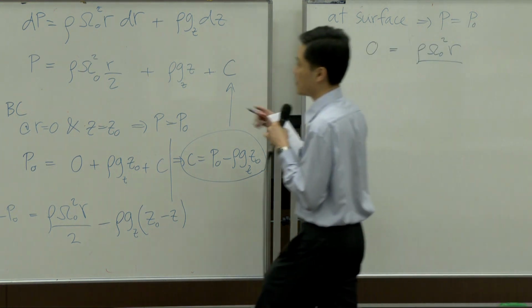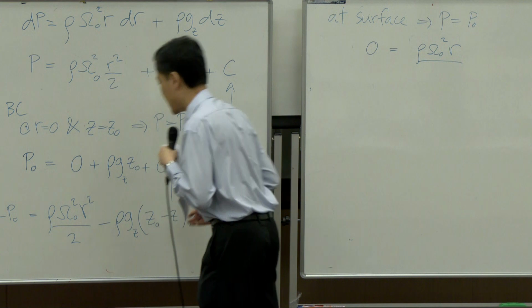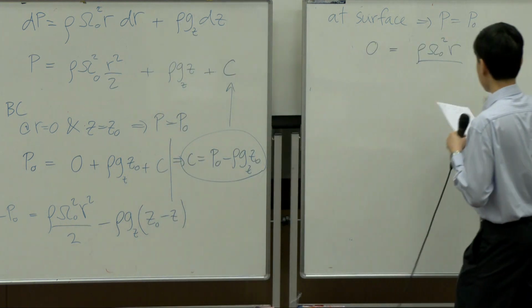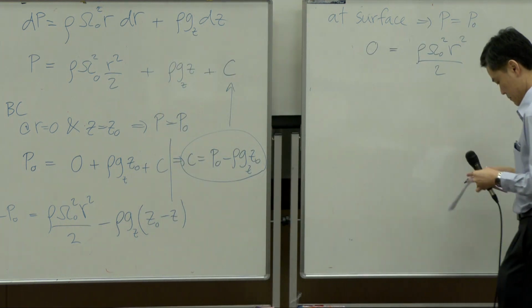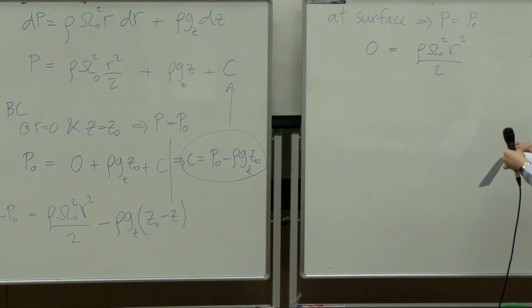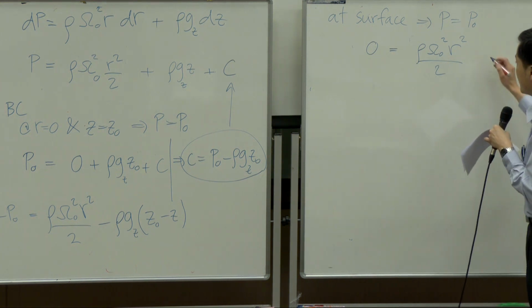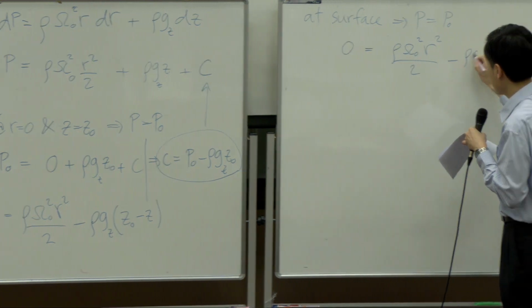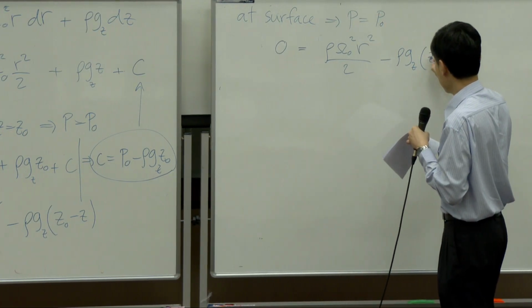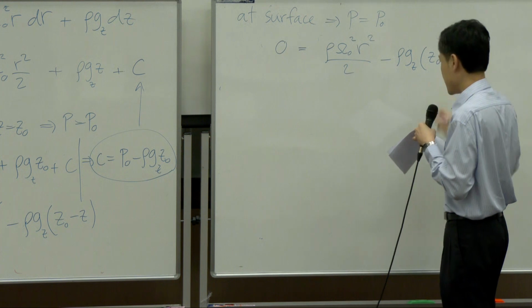Oh, I'm sorry. R squared, you need to integrate it. Get R squared over 2. Right? And then minus rho g times z0 subtracted by z.